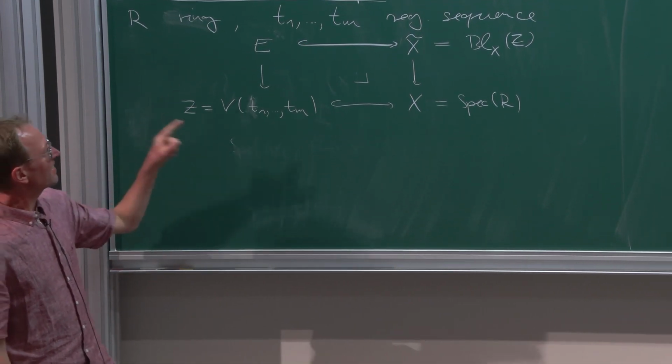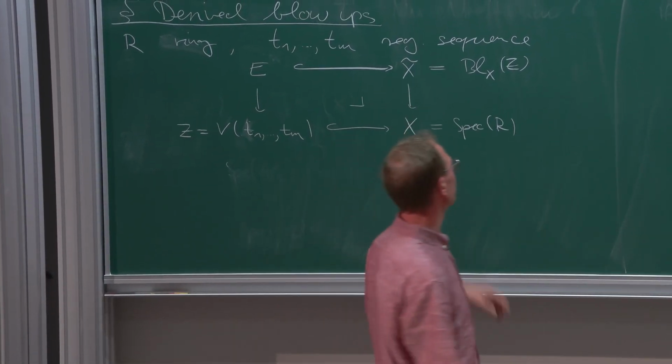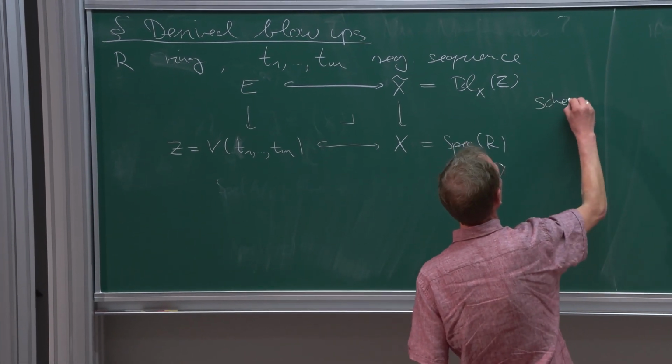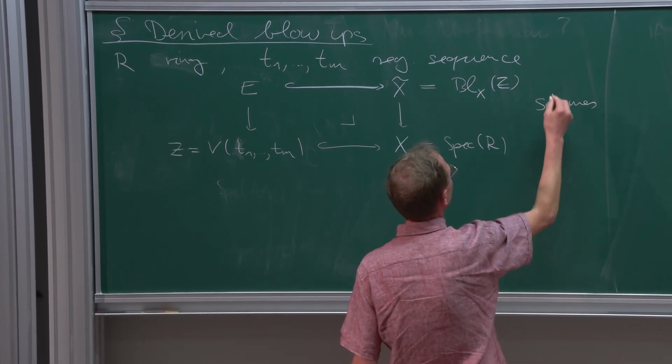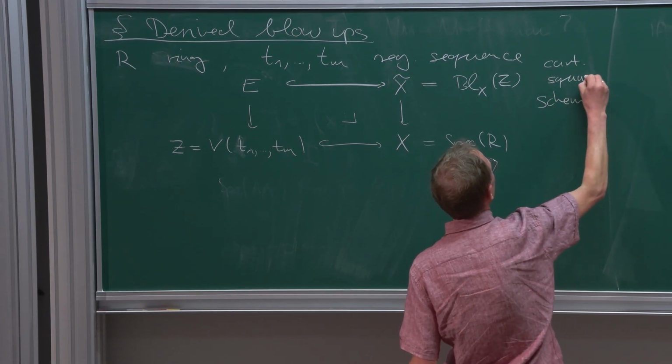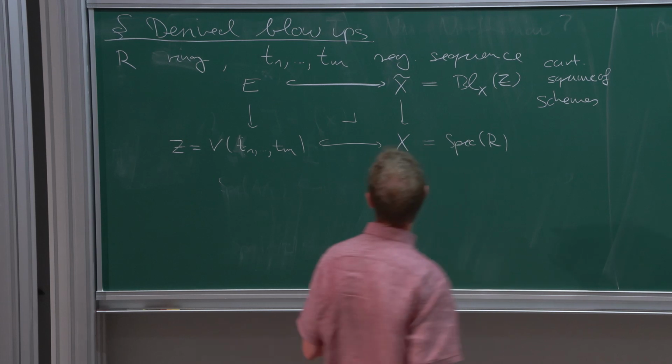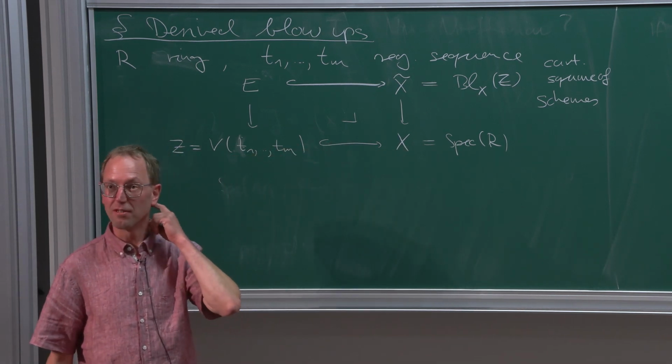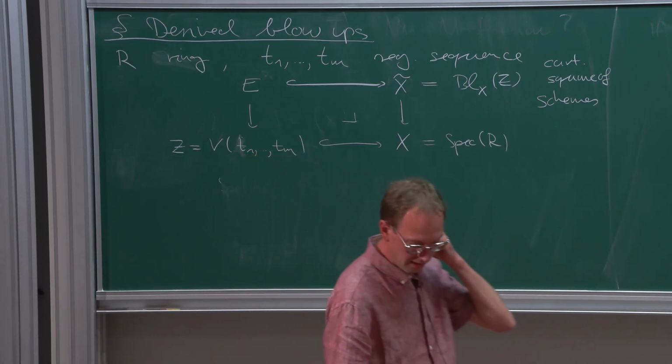Okay, so this is again now a Cartesian square of schemes, but it's not derived Cartesian in general, at least.